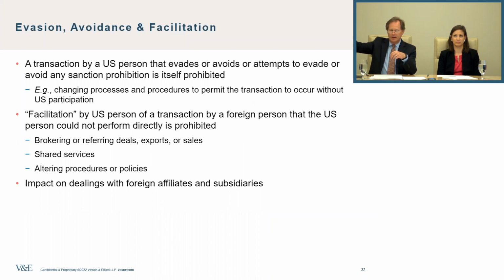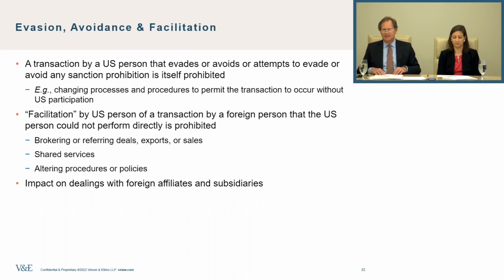That subsidiary then had an Iranian transaction, and under the policy, they needed to talk to the vice president in the US. That person, of course, couldn't be involved, as it would be a violation of sanctions. The US company taking down that policy or procedure in order to let the transaction flow would have been a violation of this principle. That's a fairly clear example. There are obviously others on the margin.